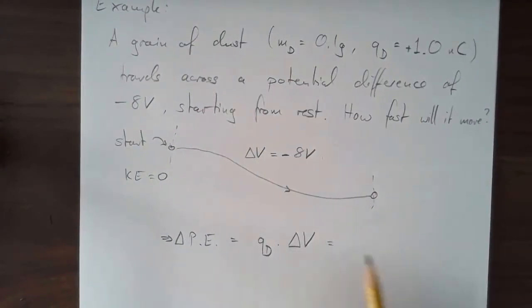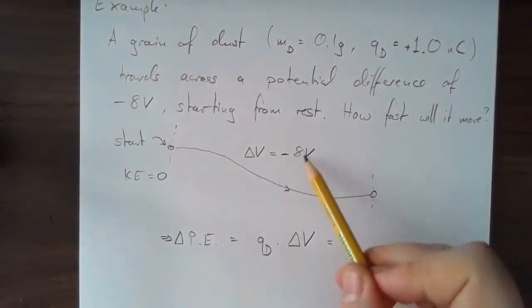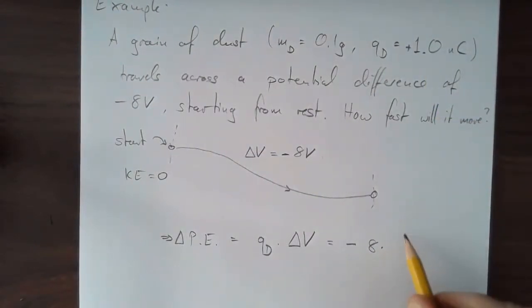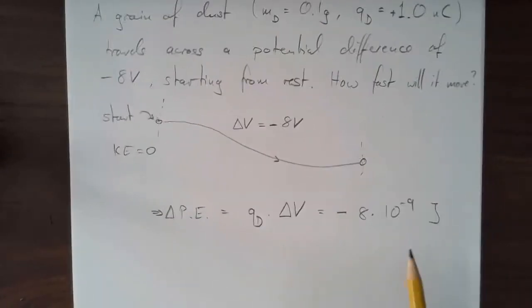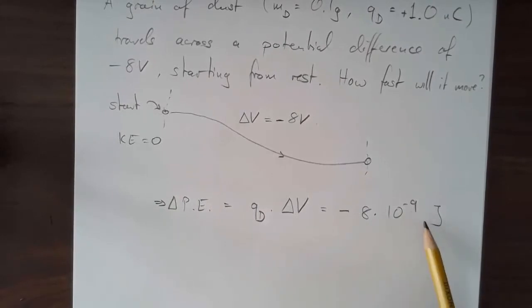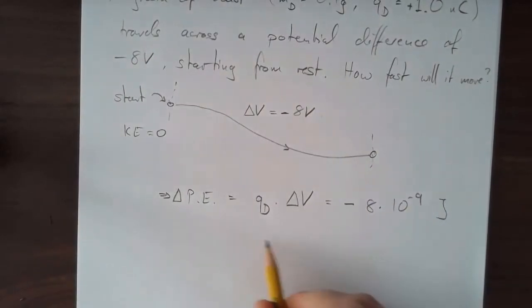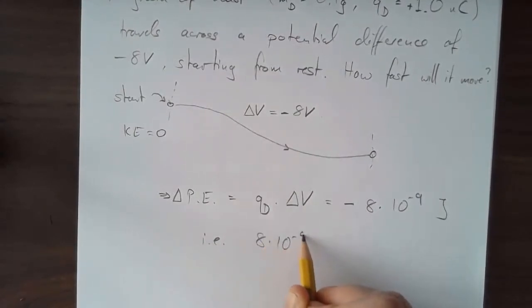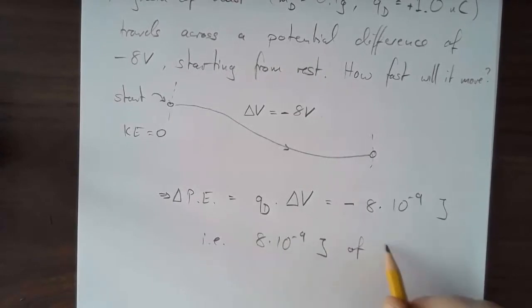So that's going to give me minus 8 times 1 times 10 to the minus 9. So the potential energy gained is minus 8 times 10 to the minus 9 joules. In other words, i.e., id est, 8 times 10 to the minus 9 joules of potential energy have been lost.